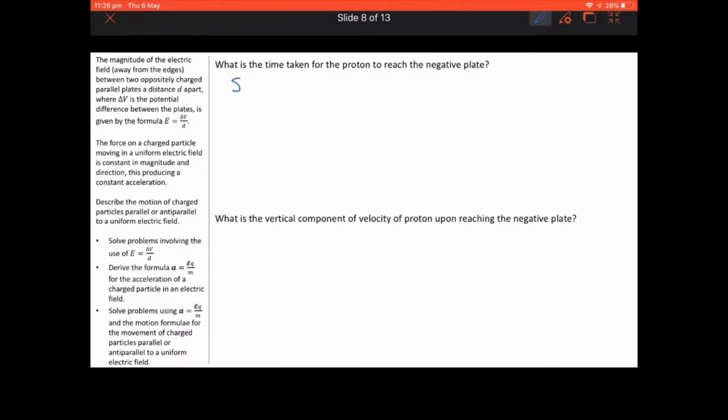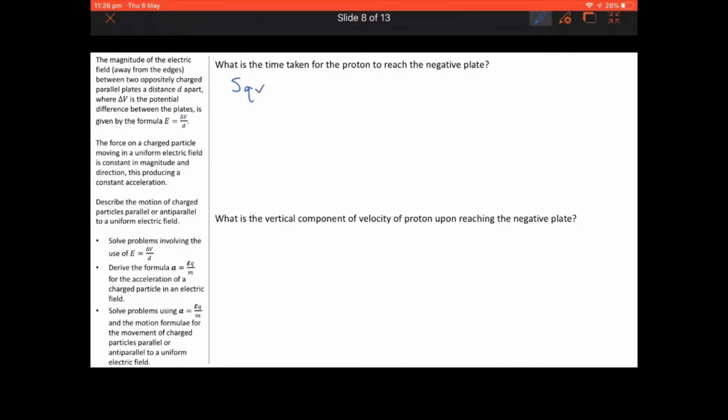The displacement of the charge will be vertical, because if we think back to the picture I had at the start of this video, there could potentially be vertical and horizontal motion, as in because it's 3D, there could be both vertical and horizontal motion, but we just want to focus on the vertical motion here.